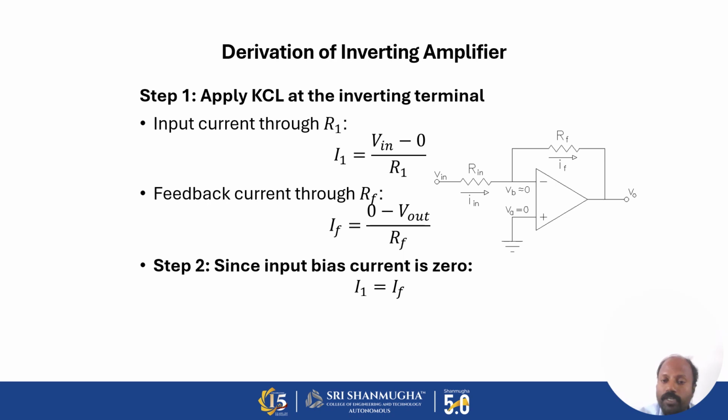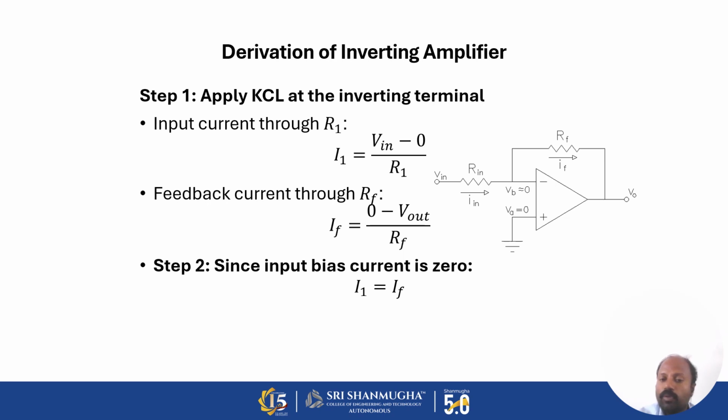So based on the virtual ground concept, this node, that is voltage VB, is also considered to be 0 volt. So Vin minus VB by R1, with VB equal to 0. Substituting that, we get our equation for input current I1 equal to Vin by R1.